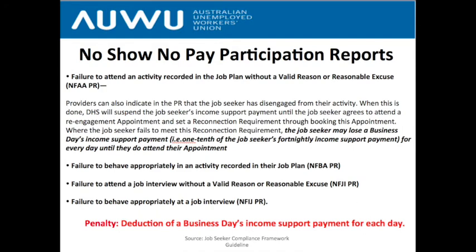But in that case that I mentioned of someone getting fined for listening to music, they appealed that penalty and they ended up getting that money back. But one of the main problems around appealing no-show, no-pay penalties is that the money's already taken out and then you have to appeal and try and get that money back.